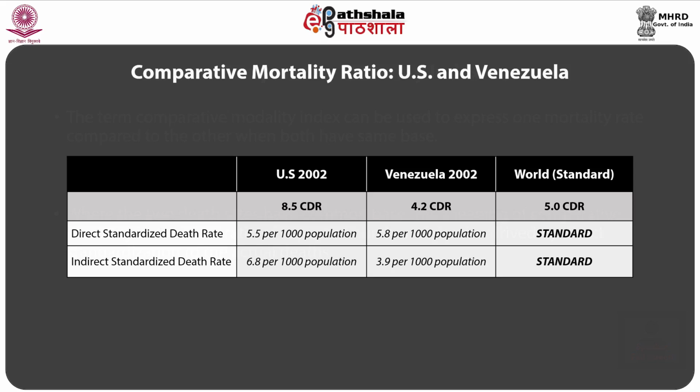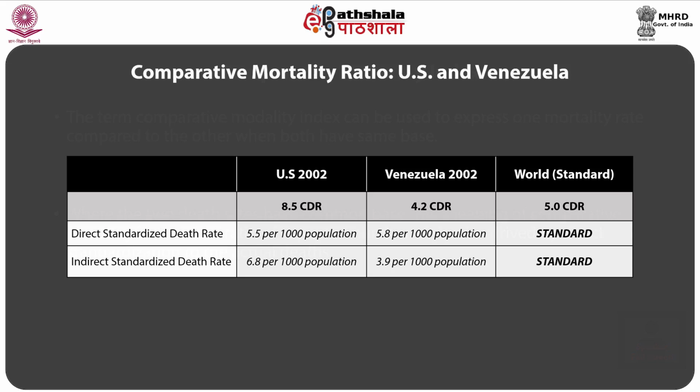In the direct standardization, considering world age-specific death rates as a standard compared with the age structure of the population of US 2002, the direct standardized death rate is given as 5.5 per 1000 population, and for Venezuela it is 5.8 per 1000 population.